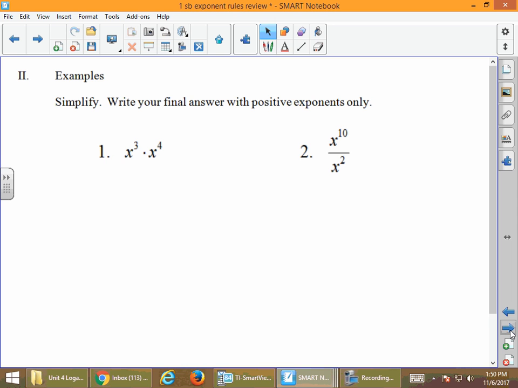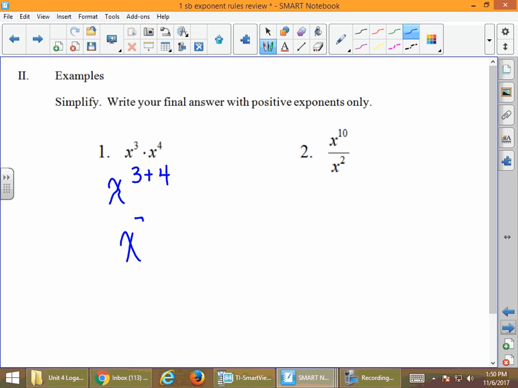Remember, when we multiply, that goes back to our very first rule, and our very first rule then says that we would add the exponents. You don't necessarily need to write that step. What is x to the 7? Just as an aside, x cubed is x times x times x, and x to the 4th is x times x times x times x.